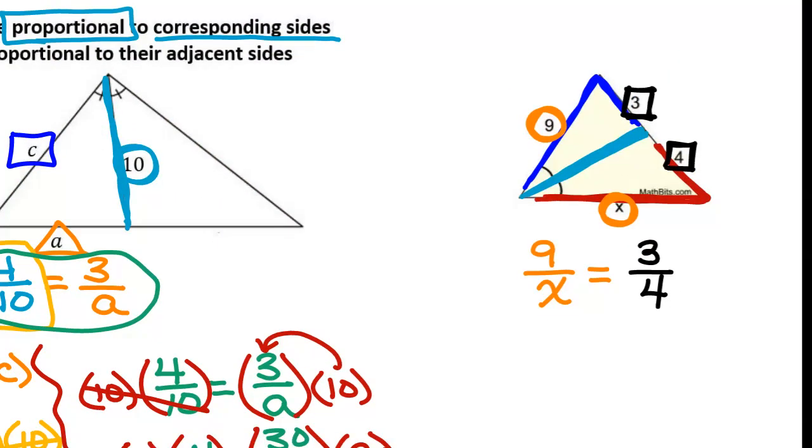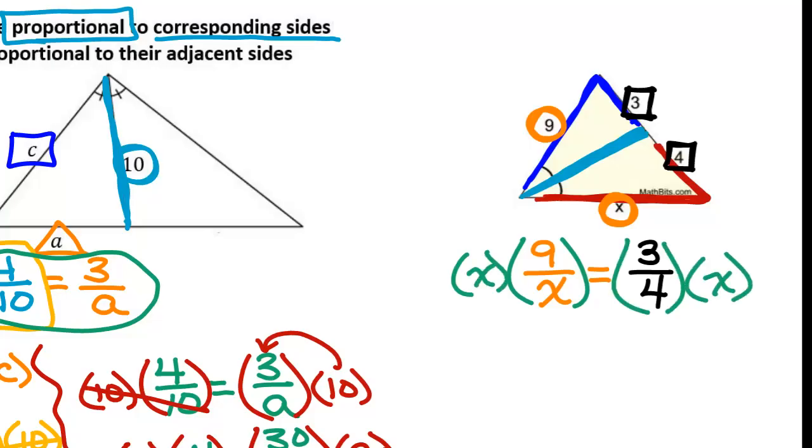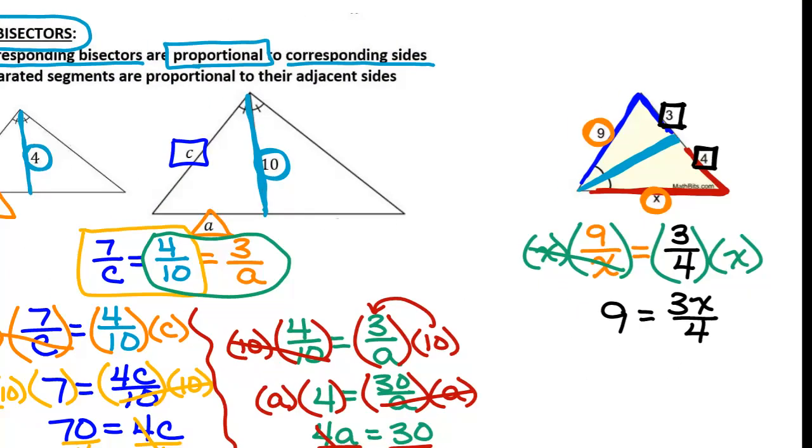And now we can solve this for x. Multiply both sides by x. So I would have 9 equals 3x over 4. Then multiply both sides by that denominator of 4.